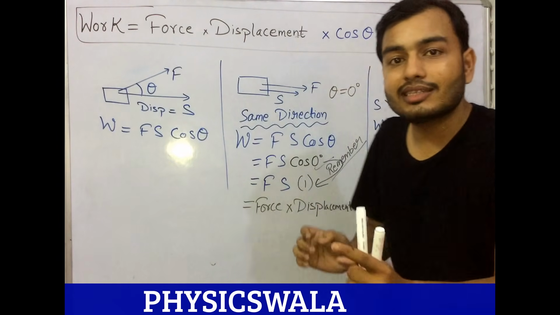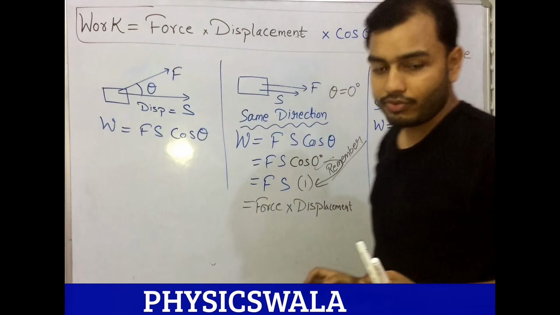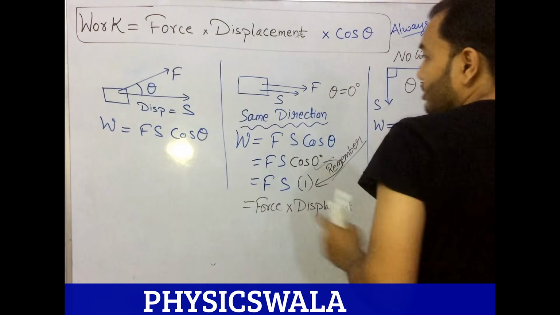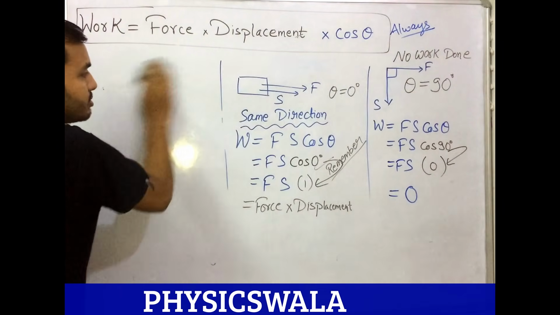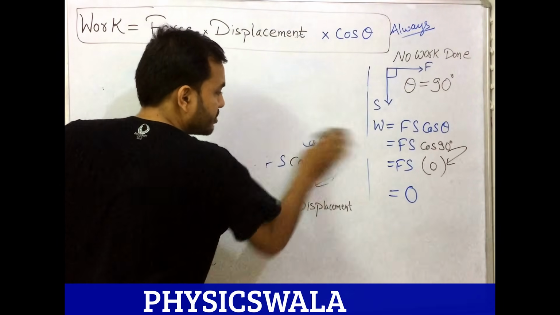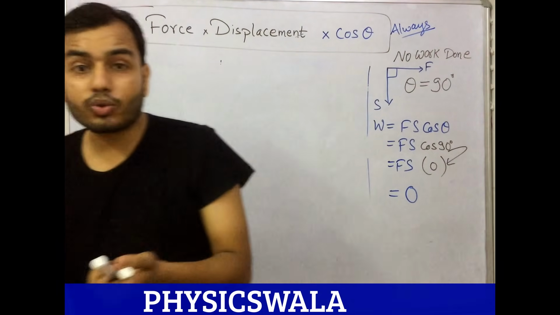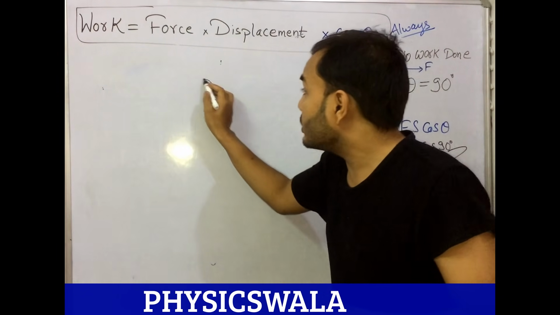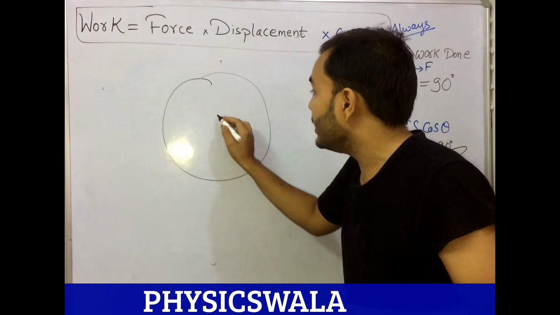Now this was the example I was explaining to you. We took an example of the Earth revolving around the Sun.